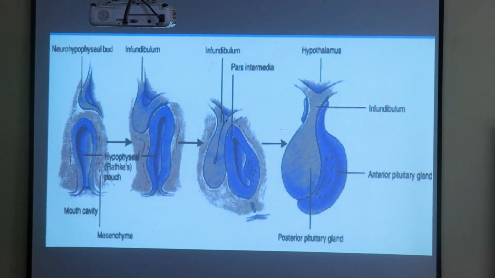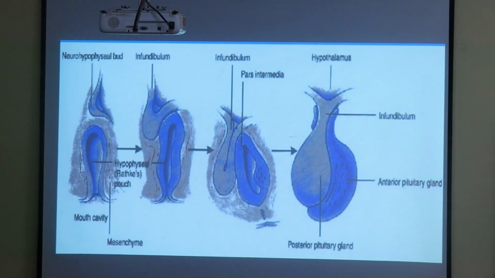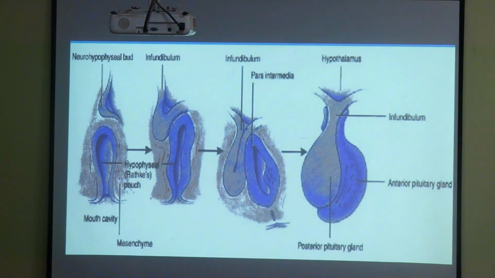First it will form a small hypophyseal bud like this, and later the same hypophyseal bud will invaginate more and give rise to Rathke's pouch. Remember the points. The ectodermal source is derived from the ectodermal lining of the oral cavity.